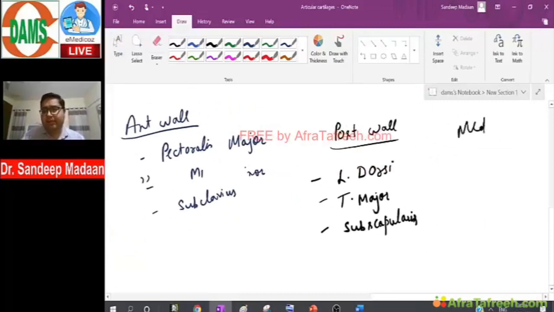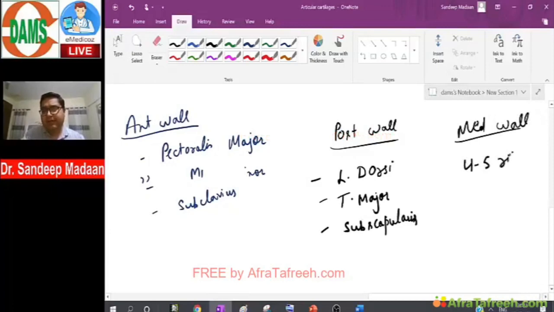Medial wall is made by upper 4-5 ribs, which is overlapped by serratus anterior.